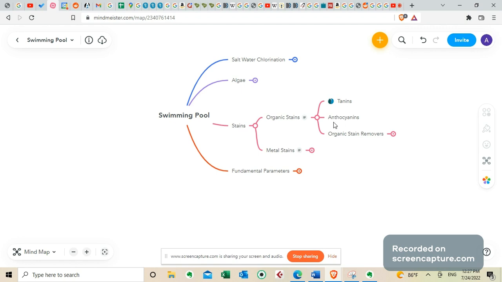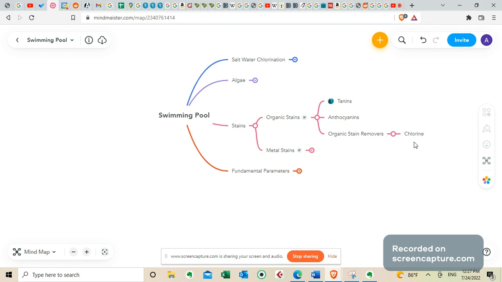How do you get them out of your pool, or how do you even know if it's an organic stain? Because some organic stains, as you're going to see, look similar to metal stains, right? So how do you get them out of your water? The way you remove organic stains is you use chlorine, some kind of an oxidizer, any of the halogens, right? So chlorine or bromine would do it.